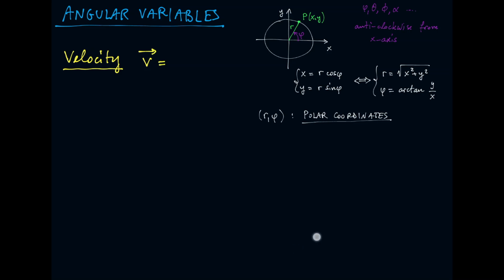And this vector is actually the time derivative of the position vector. So this is the vector that has dx over dt and dy over dt as components. We're in 2D for now.